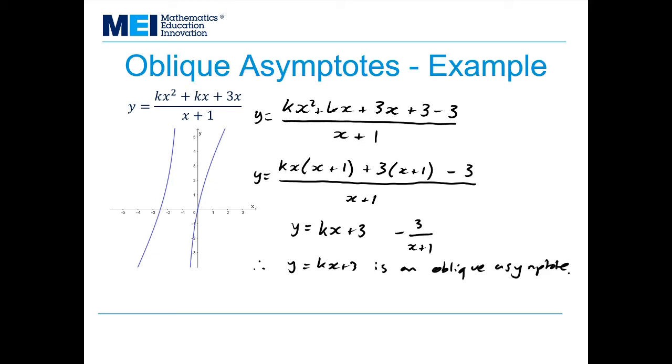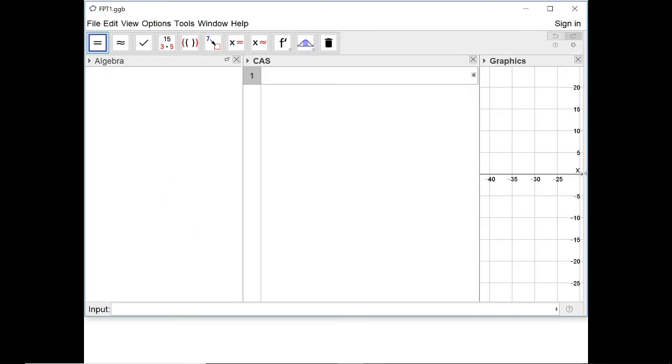Now, I didn't have to do this by hand. I could have used my computer algebra system because there's a partial fractions function. Let's have a quick look at how that would work.